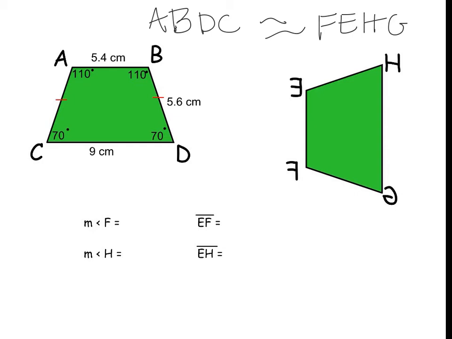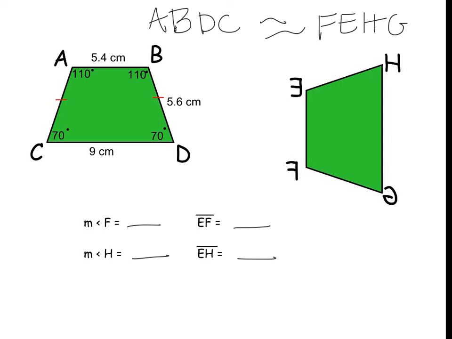Our job is to figure out the measure of angle F, the measure of angle H, the size of side EF, and the size of side EH. If we understand that two polygons which are congruent have congruent angles and congruent sides, that means the side lengths are the same and the angle measures are the same.